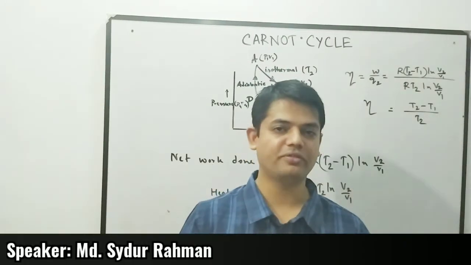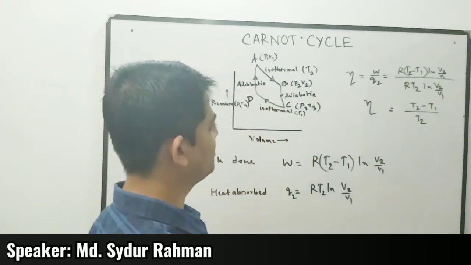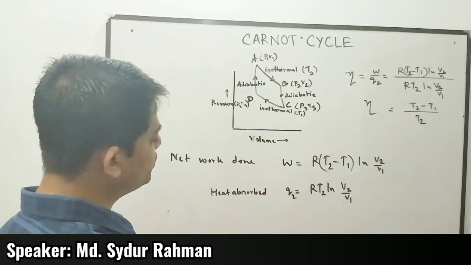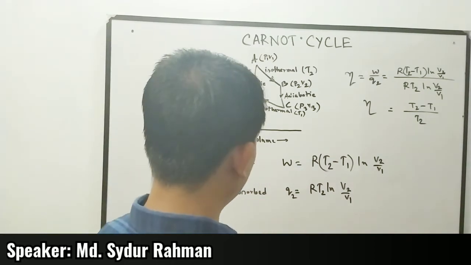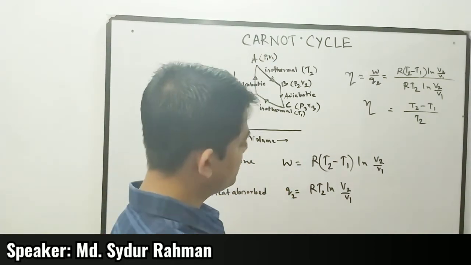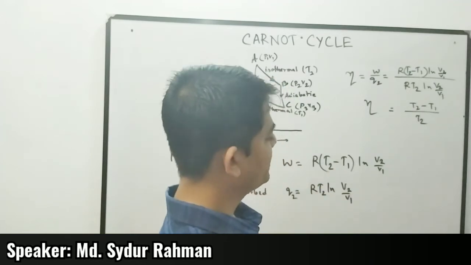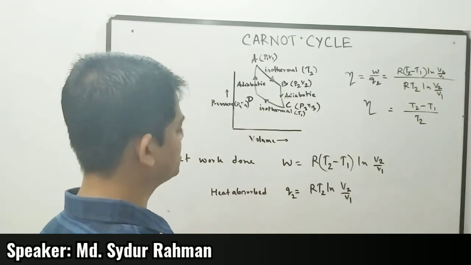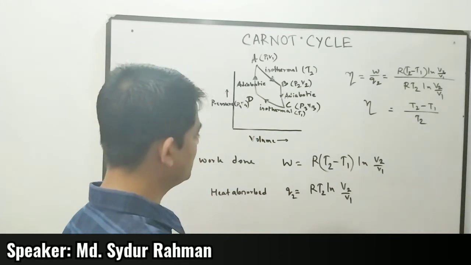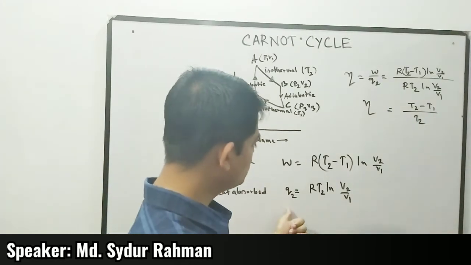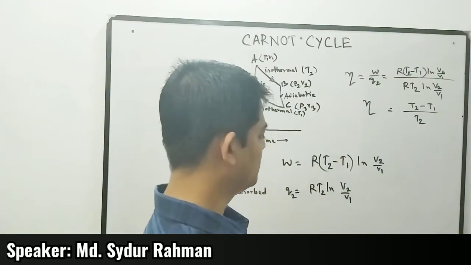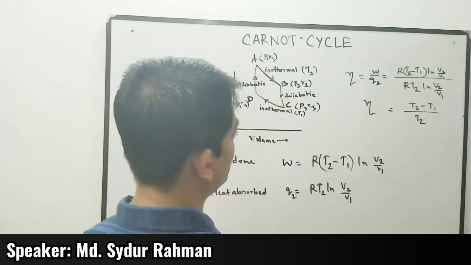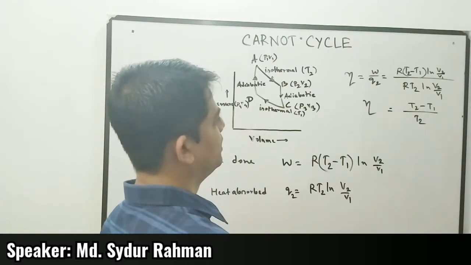Now, if we want to find out the ultimate efficiency of a Carnot cycle, then we have to use these two equations. One equation is W is equal to R (T2 minus T1) ln V2 by V1, which expresses the net work done by a Carnot cycle, and another equation is Q2 is equal to RT2 ln V2 by V1, which expresses the total heat absorbed by a Carnot cycle.